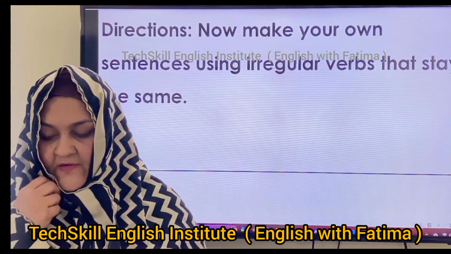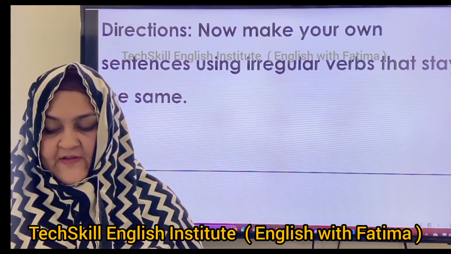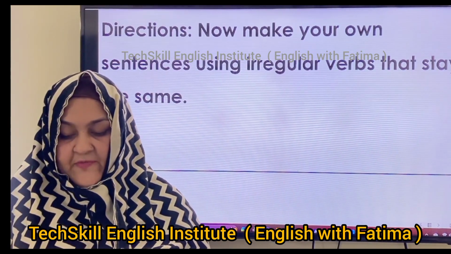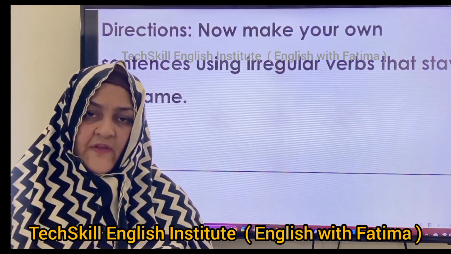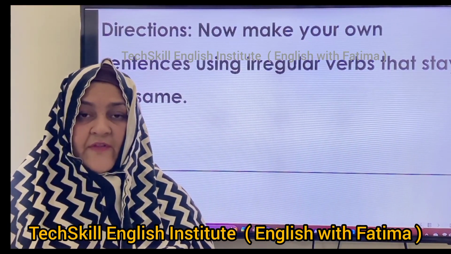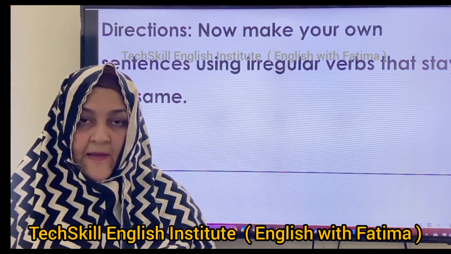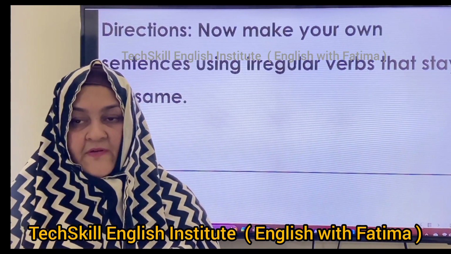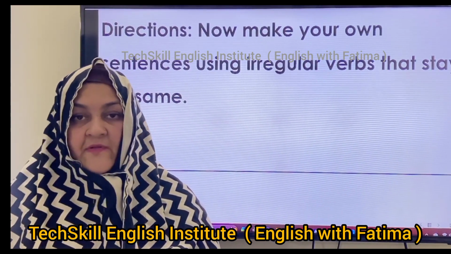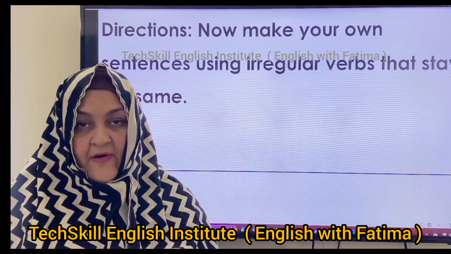There is a task that you have to do. Now make your own sentences using irregular verbs that stay the same. Regular is very simple, that we use ed at the end of the base form of the verb. So irregular forms like sleep, slept, weep, wept, sweep, swept, spread, read.